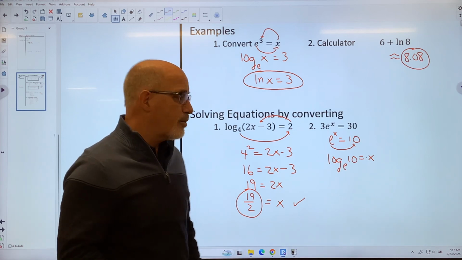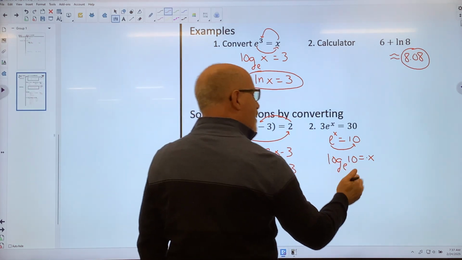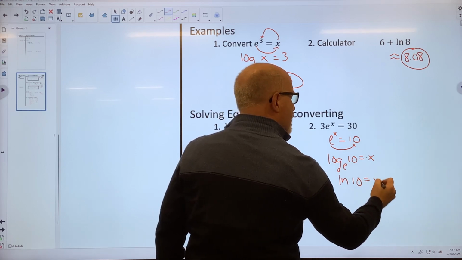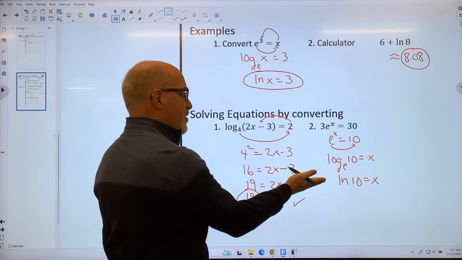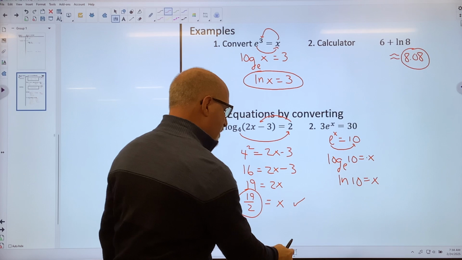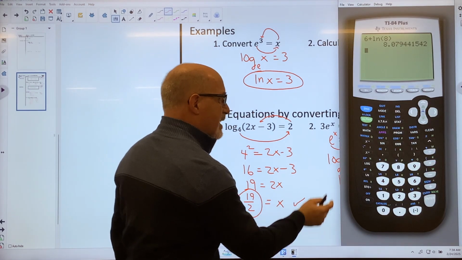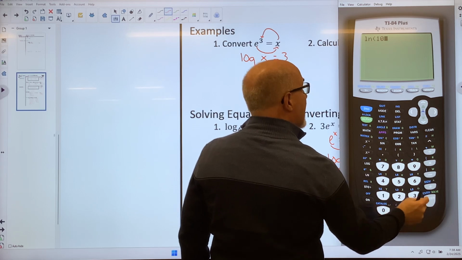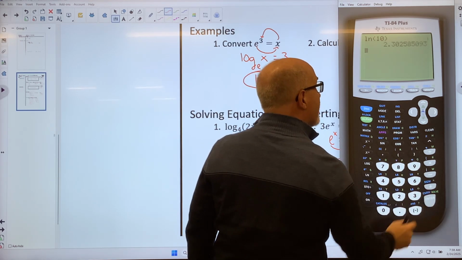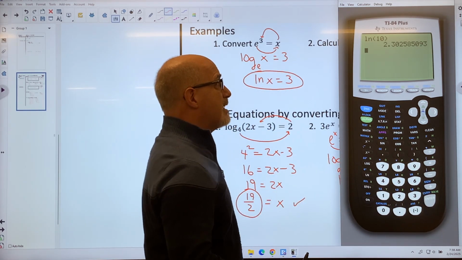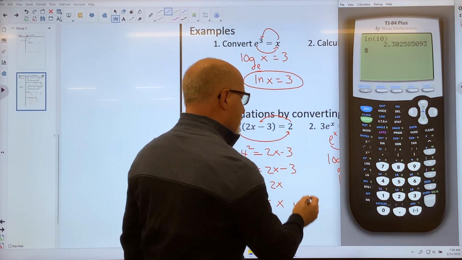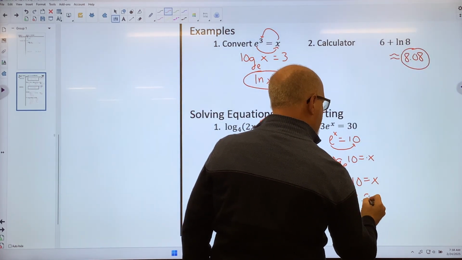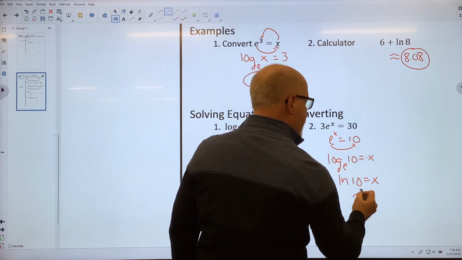Well, we can now do it on our calculator, because log base e is natural log of 10 is equal to x. So this conversion, we can actually use a calculator key for and do the natural log of 10 and get an answer to it of 2.30, etc. So rounded to 2.3. So this is approximately 2.3 for an answer.